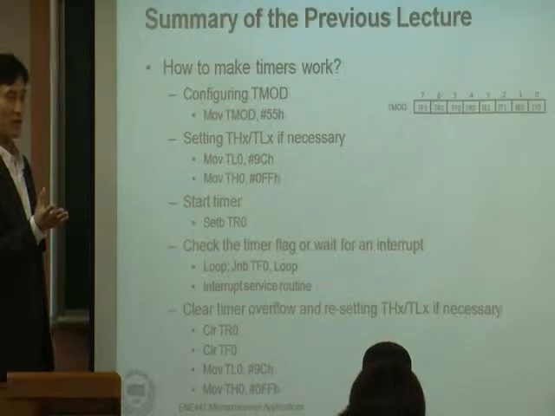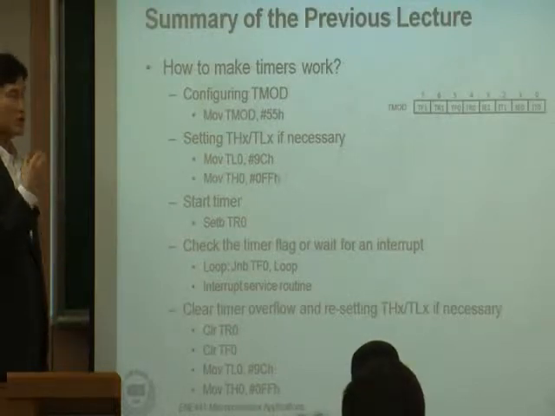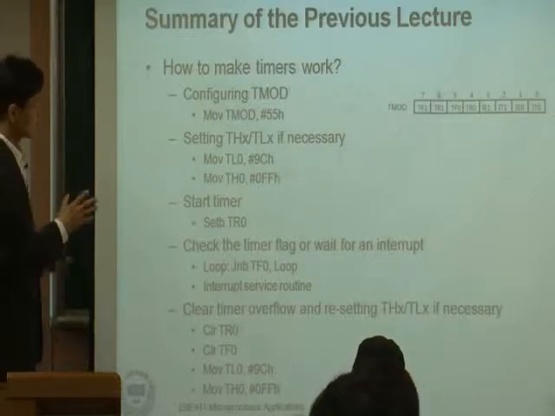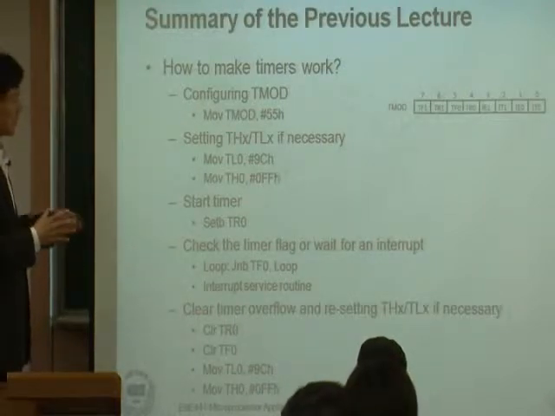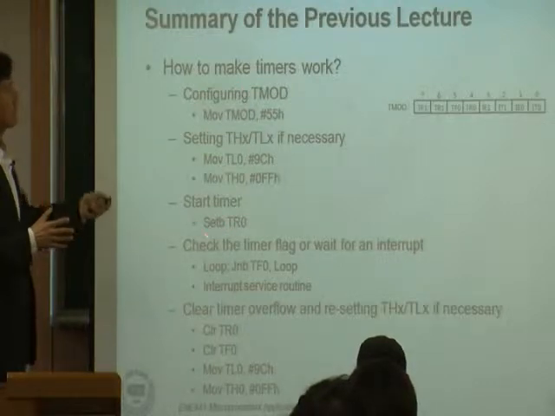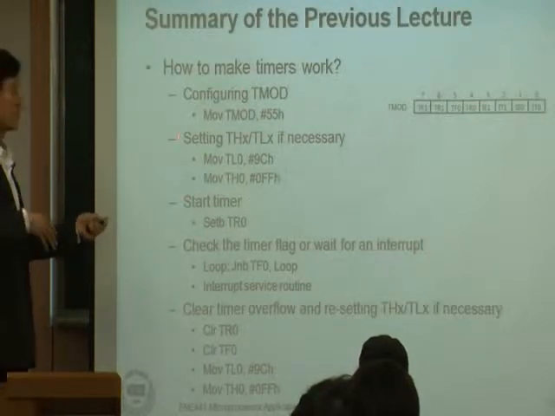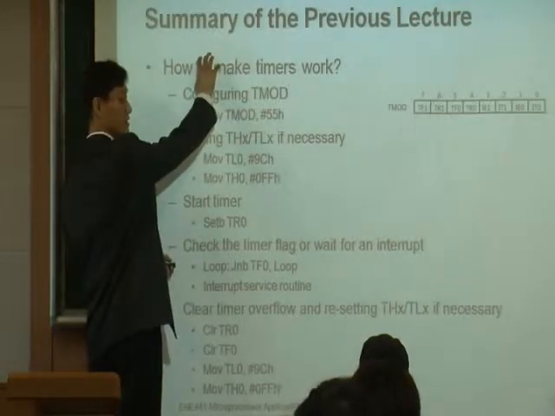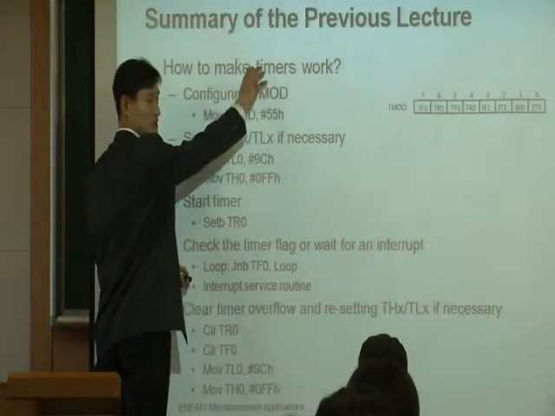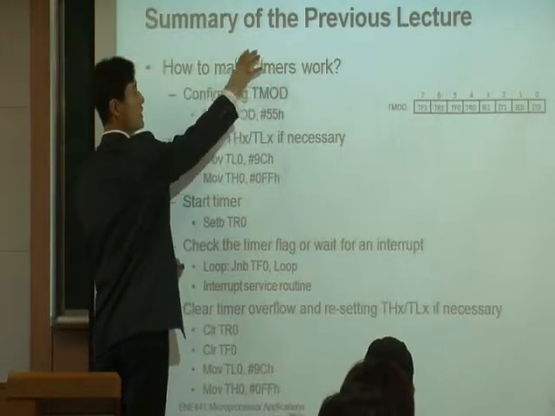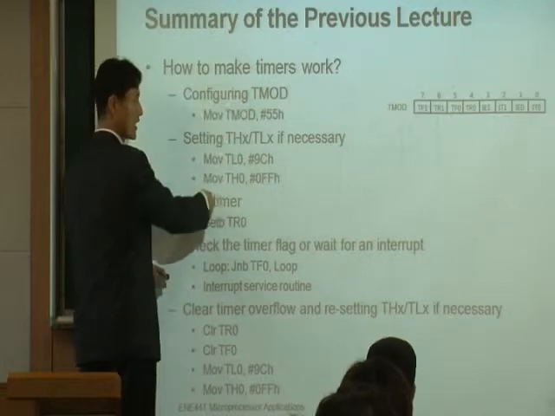But what is a better way? A better way is to use interrupt. To use the interrupt, you program the timer like this, but before configuring the timer, up here, you want to enable the timer interrupt first. Then you program the timer and run the timer.